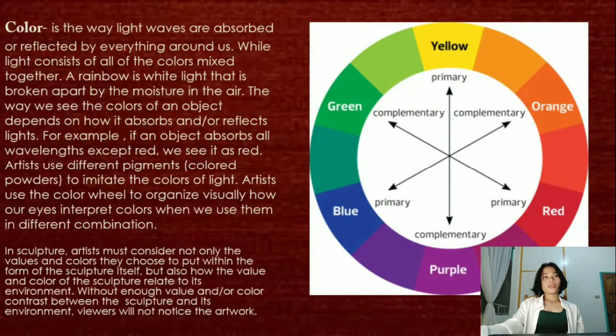Color is the way light waves are absorbed or reflected by everything around us, while light consists of all the colors mixed together. A rainbow is white light that is broken apart by the moisture in the air.